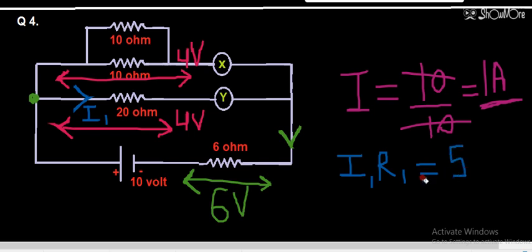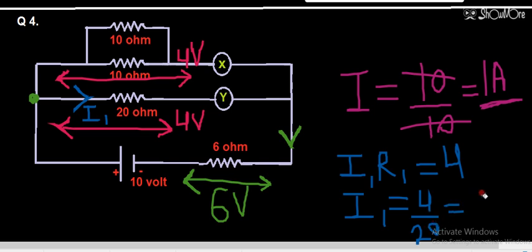V is equal to IR. So I1 into R1 is equal to 4. So I1 will be equal to 4 by 20. So that is equal to 0.2.